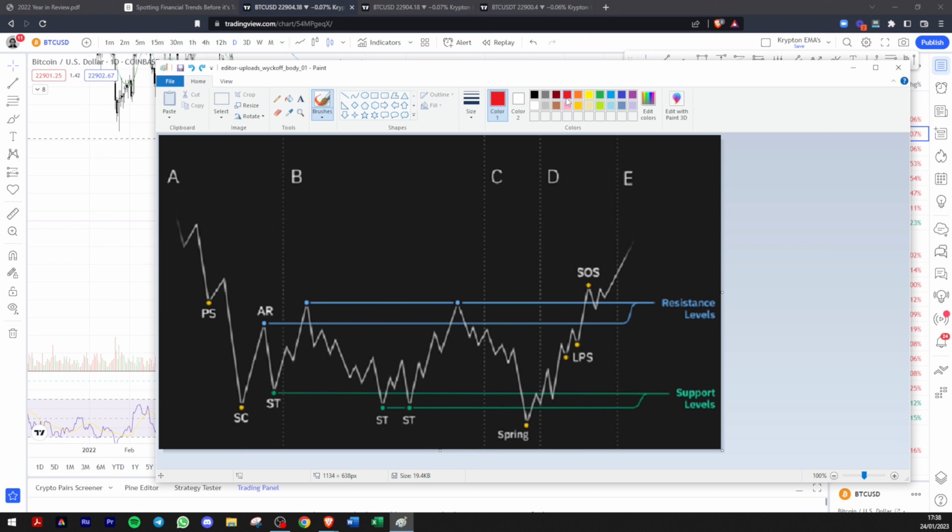That essentially means that they are buying, and that often happens at the lower bound of the range. So they're buying at these points. They're not buying at the top of the range.